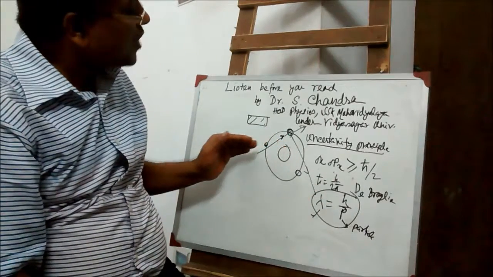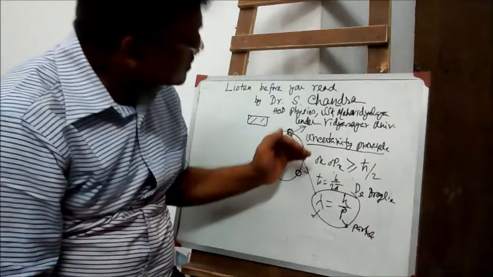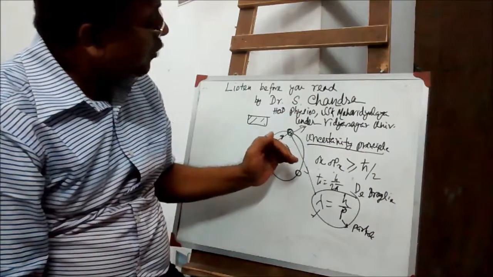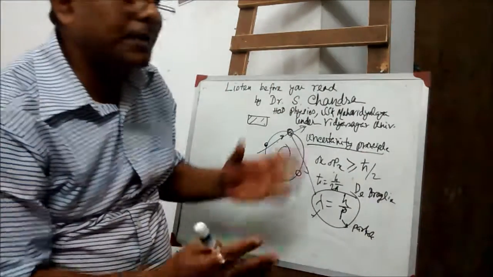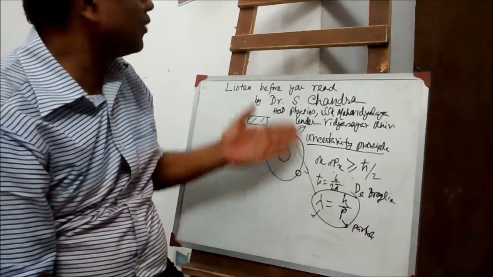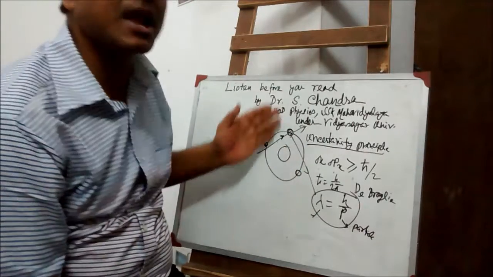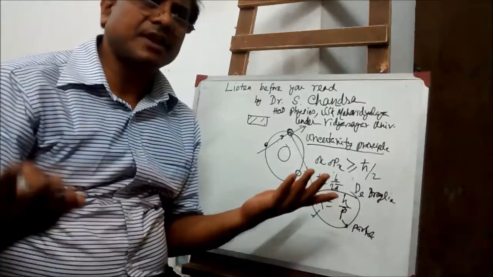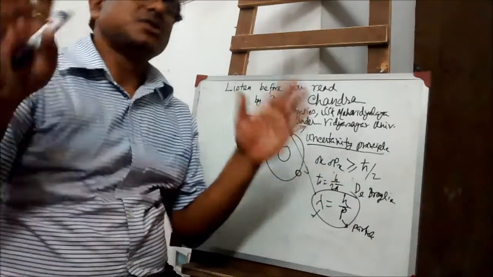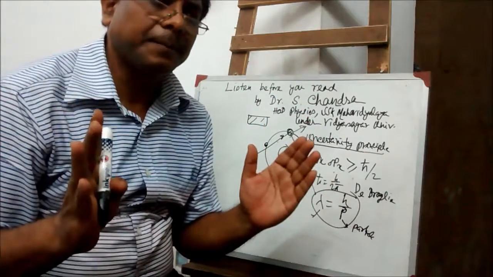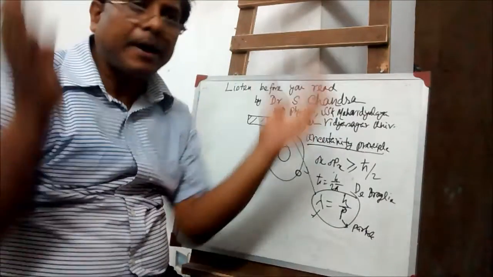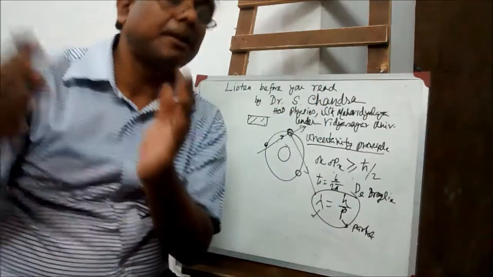So if we consider it as a wave, we should not bother about the positions of the electron where it is rotating in a circular orbit like this. We simply say there is a wave function. The wave function is representing a particle.